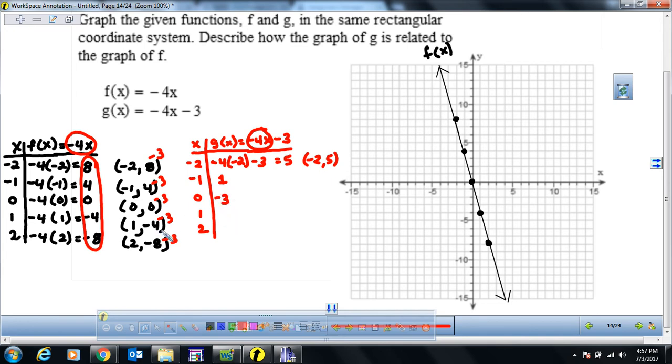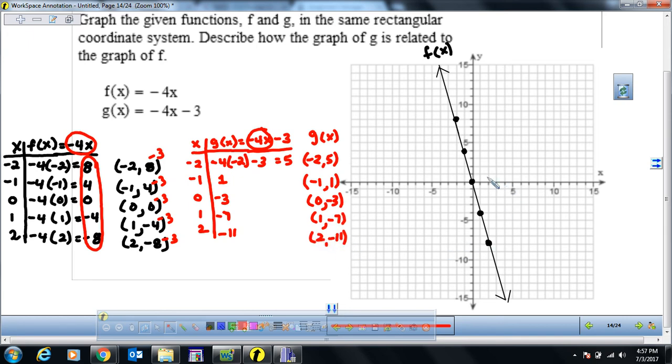Then negative 4 minus 3 is negative 7. Then negative 8 minus 3 is negative 11. So you see the points for g of x are going to be this: negative 2, 5, and then negative 1, comma 1. Then we have 0, comma negative 3. Then we have 1, comma negative 7. And then we have 2, comma negative 11.